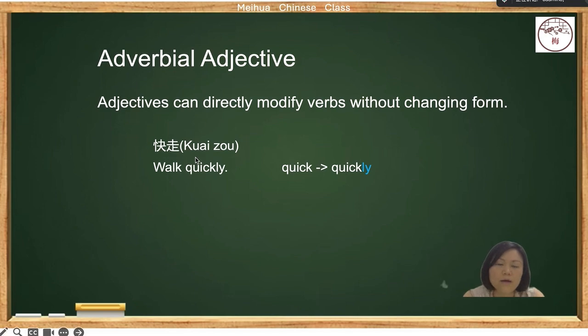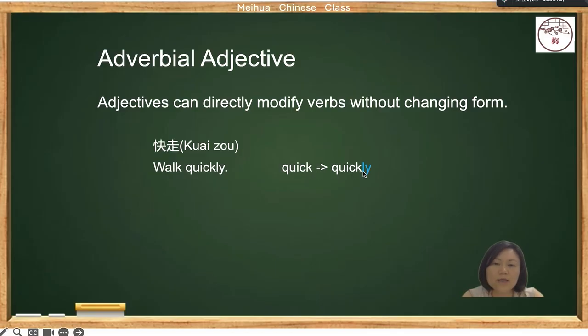For example, 快走, 快 is an adjective, means fast, quick. 走 is verb, 走 is walk. 快走. English we say walk quickly. Here we know that quickly is transformed from the adjective quick, right? Quick is adjective.